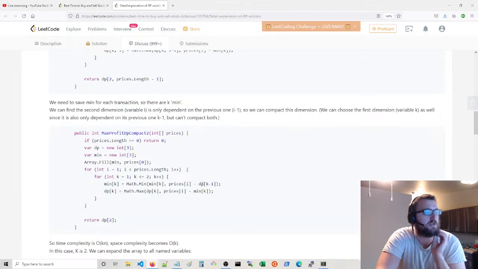That previous best transaction up to this point, and then we'll say transaction for 2 is going to be the maximum of either you take this trade or you don't. You take the transaction or you don't, and you would take it if the price is minus the min that you've seen so far.